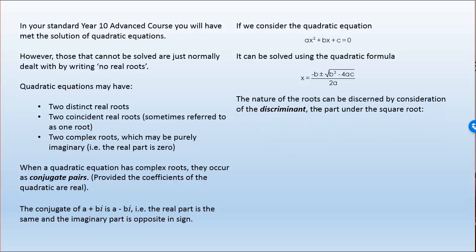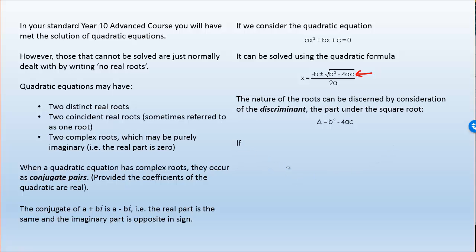The nature of the roots can be discerned by consideration of the discriminant. That's the part under the square root. So the discriminant, which is usually given this triangle symbol, is equal to b squared minus 4ac. You can see just here that it appears underneath the square root.